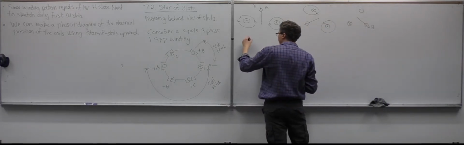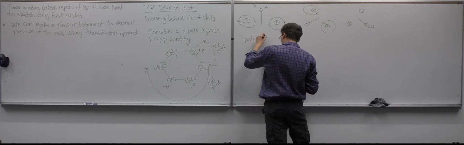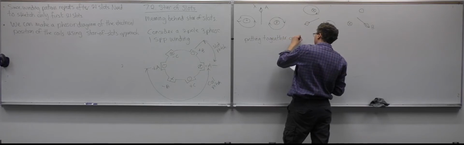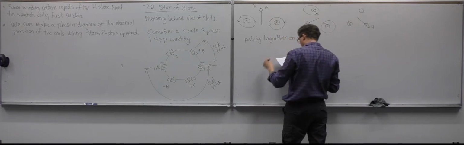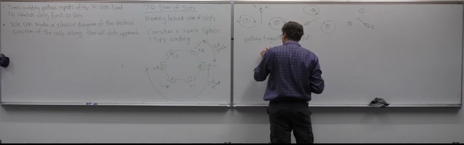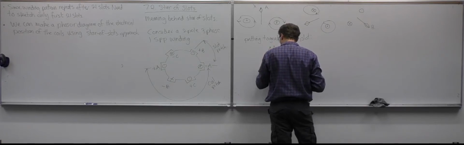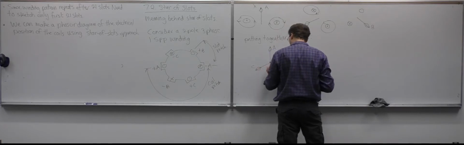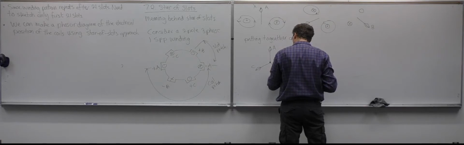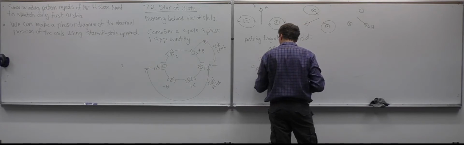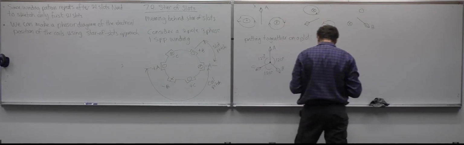So we could then put those three flux vectors together on a plot. So we have A, C, B, like so.